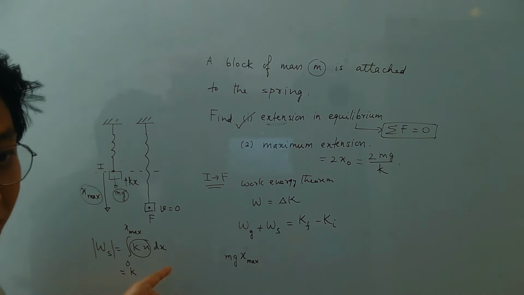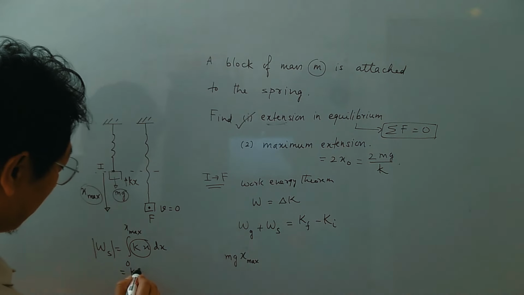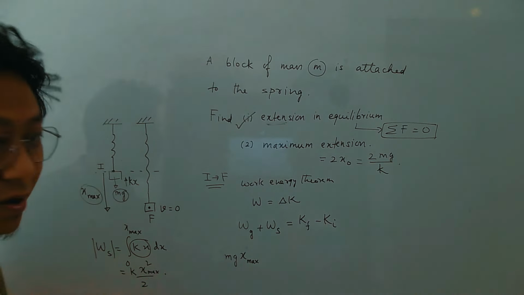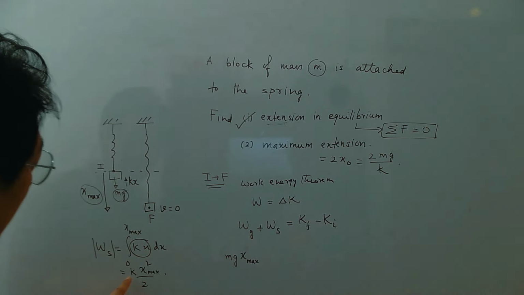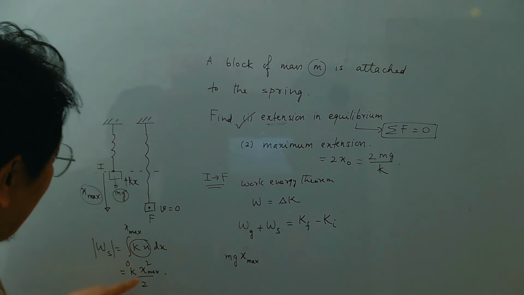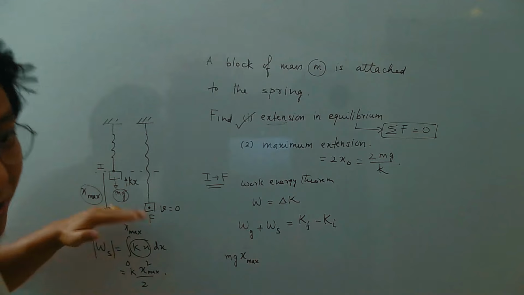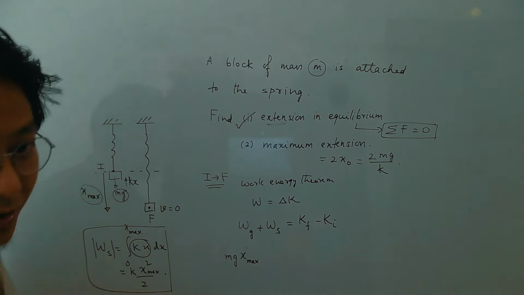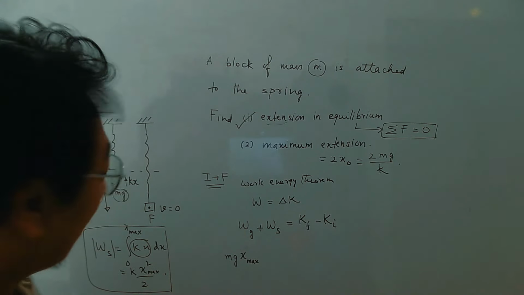Integral of x dx is what? x square by 2. If you put the upper limit, you will get x max square by 2. So a very common result, right? Work done by spring is half k x square, and here we are going from 0 to x max. So this is the work done by the spring in magnitude, just the modulus. Now how to find the sign?